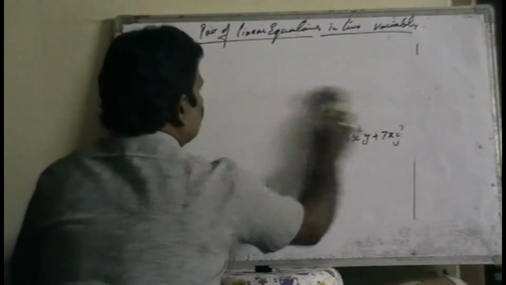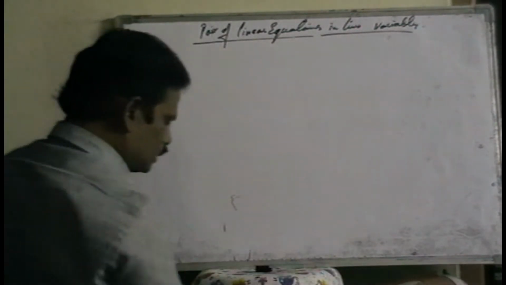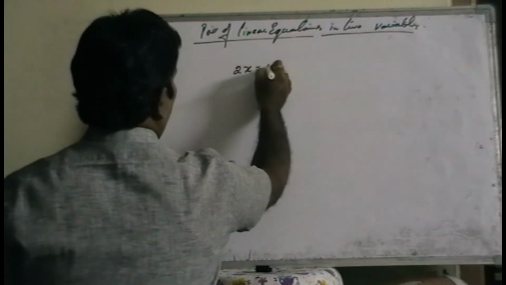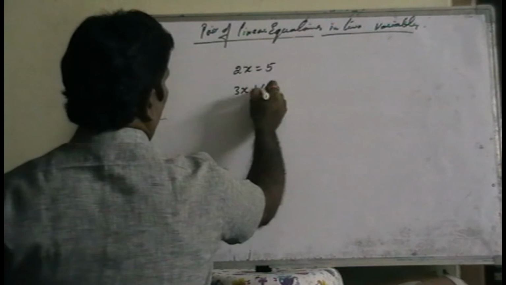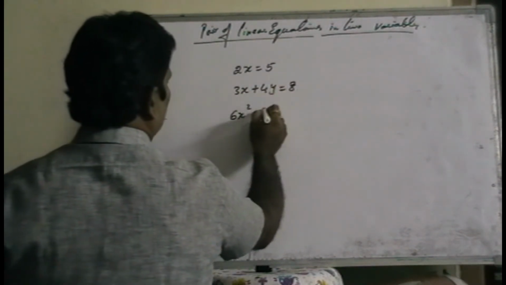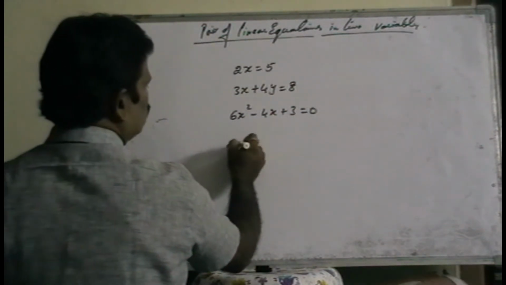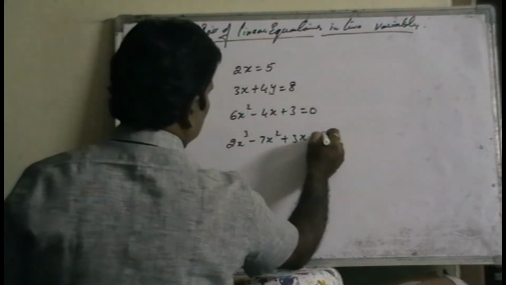Now, already we know that now it is an equation. So, in this equation, suppose 2x is equal to 5, or 3x plus 4y is equal to 8, or 6x square minus 4x plus 3 is equal to 0, or 2x cube minus 7x square plus 3x plus 5 is equal to 0.